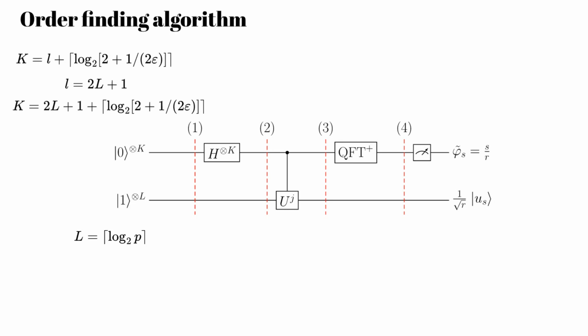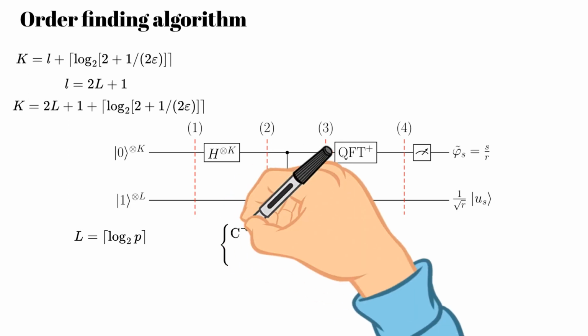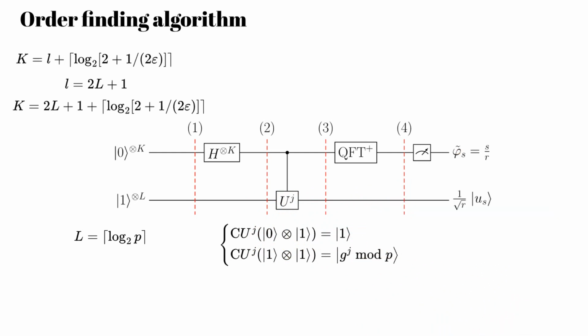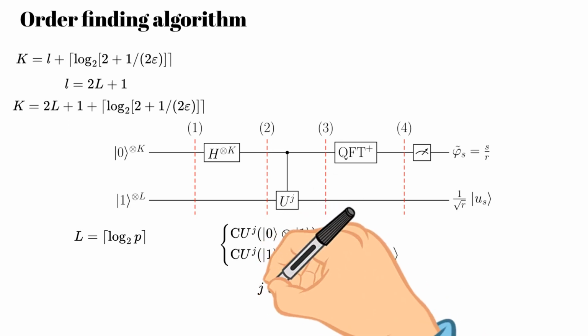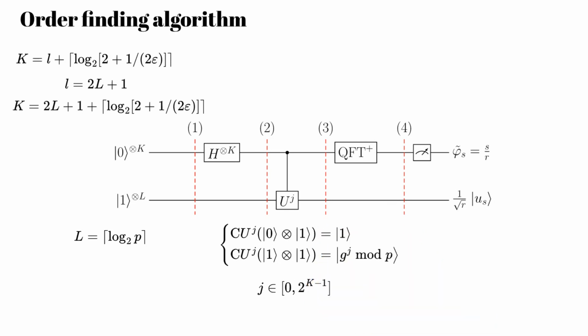Next, we look at the controlled U operation. If a qubit in the first register is 0, nothing happens to the qubits in the second register. But if it is 1, we apply the operator U to the qubits in the second register. By the definition of operator U, we will get the state g modulo p. Due to the Hadamard gate applied to K initial states 0, the second register U is raised to the power j, where j goes from 0 up to 2 raised to the power K minus 1.